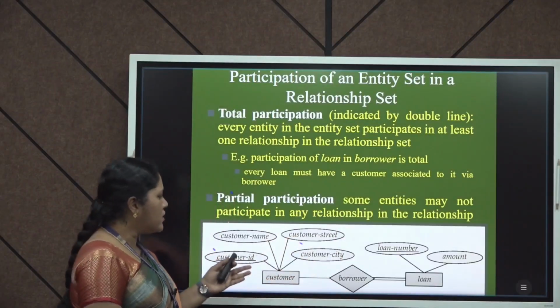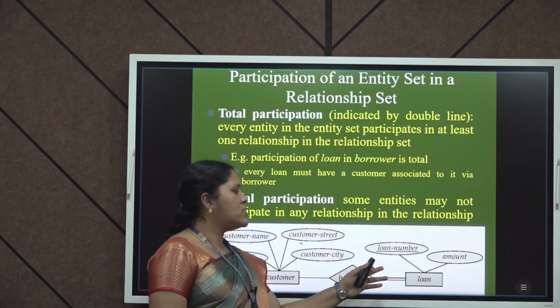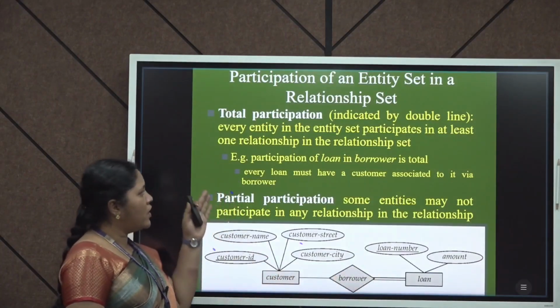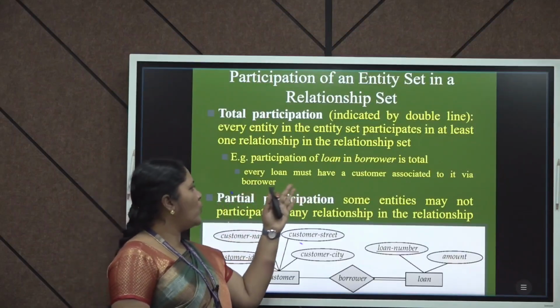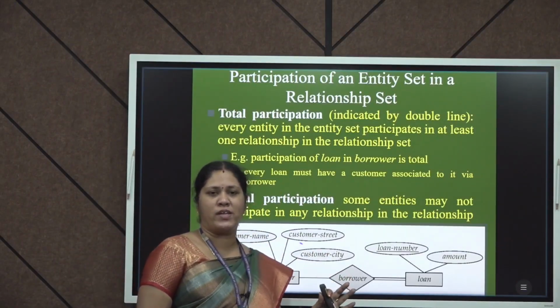Consider this example where we have customer, borrower and loan. Total participation is represented via a double line. Here the participation of loan in borrower is total. That means every loan has a customer associated with it.